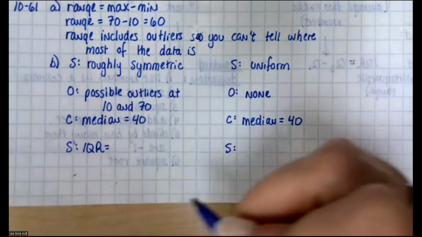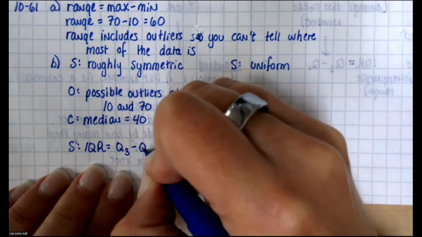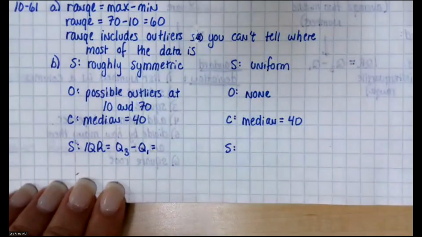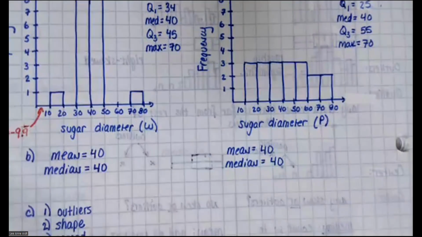Anybody remember how to get IQR? Perfect. Q3 minus Q1, so I got to scroll up. 45 minus 34.